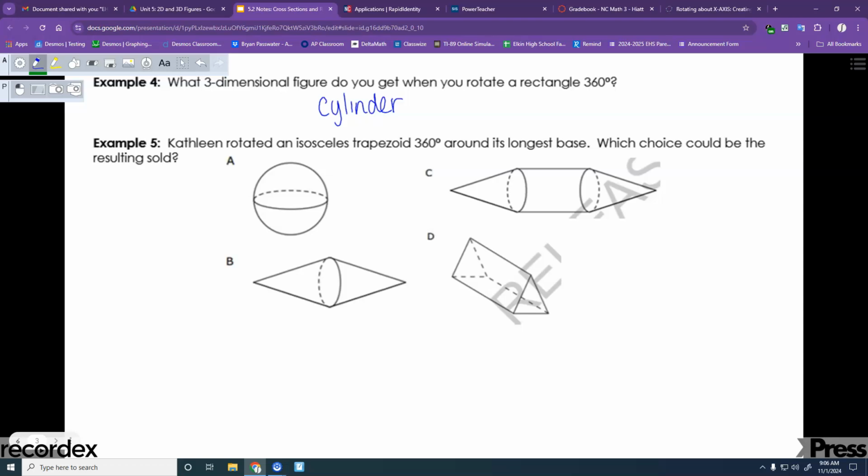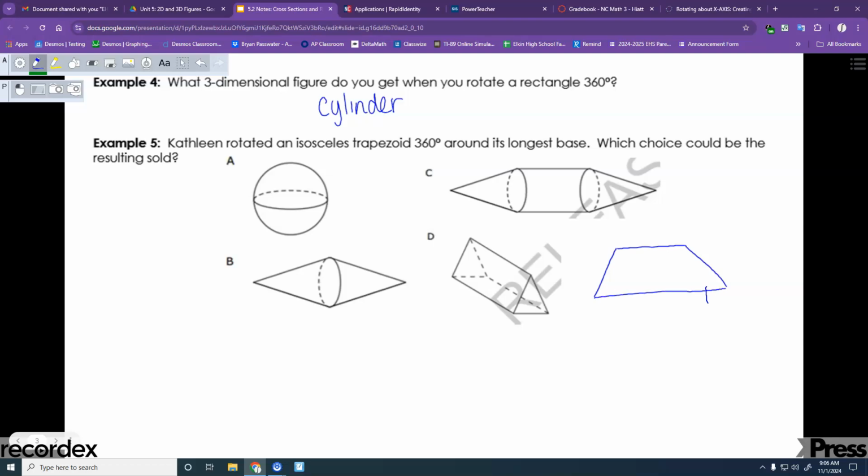All right. So, Kathleen rotated an isosceles trapezoid 360 degrees around its longest base. Which choice could be the resulting solid? First of all, let's talk about what an isosceles trapezoid is. It's a trapezoid where the two legs are the same size. So it would look like this. Pretend that's even right there.